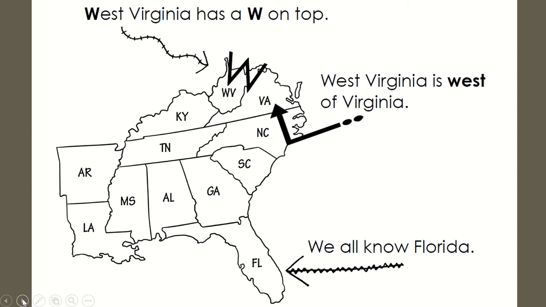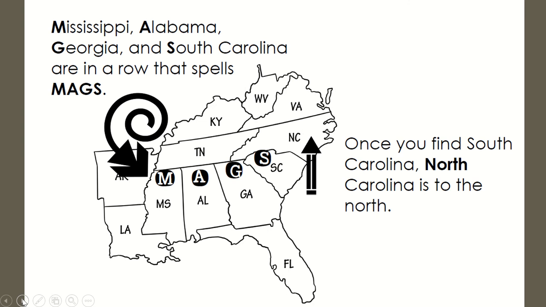Okay, so going on to the next diagram. We're going to remember these states that are right next to each other by remembering the acronym MAGS. MAGS stands for Mississippi, Alabama, Georgia, and South Carolina.